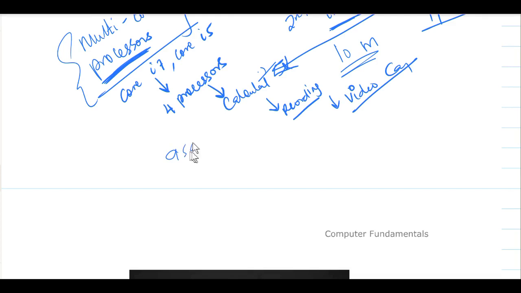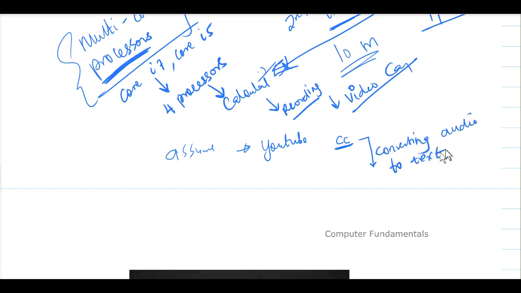Assume I'm doing a YouTube recording. If the people who are watching me on YouTube just enable the CC, what we call the captions, the computer is going to be converting my audio to text, such that down here as I speak, they will be able to see the words that the computer thinks I am saying.